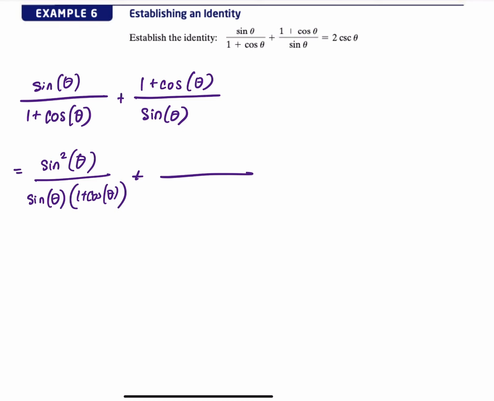I'll just keep it like that. 1 plus cosine times 1 plus cosine. And then we'll have our common denominator, sine of theta times 1 plus cosine of theta.